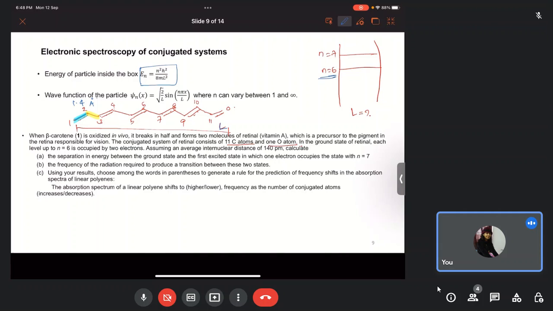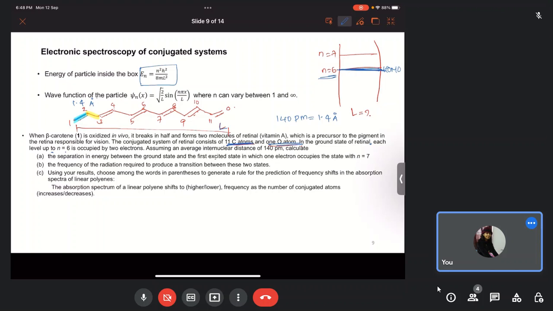So in the ground state of retinal, which has around 11 carbon atoms and 1 oxygen atom, each level up to n is equal to 6 is occupied by 2 electrons. So n is equal to 6 is the highest occupied molecular orbital, and the average interatomic distance is 140 picometer, which is equal to 1.4 angstrom, and we have to calculate the separation of energy between the ground state and the first excited state.